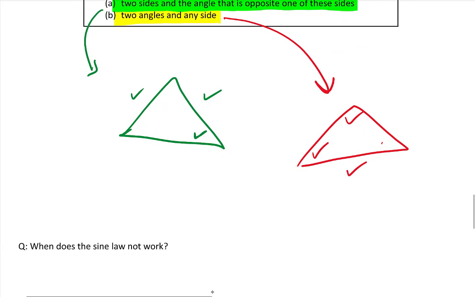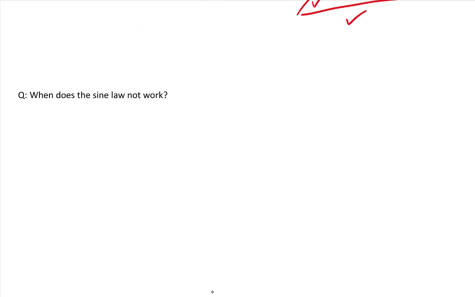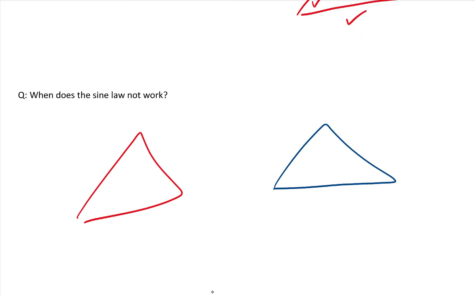When does the sine law not work? So there's two cases where the sine law will not work. So first case is I have this side, and this side. The sine law will not work because you need an angle across a known side, and in this scenario we don't have an angle anywhere in this triangle.